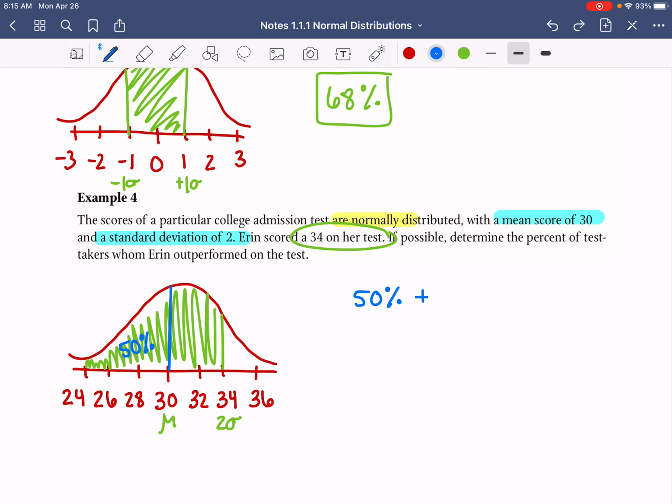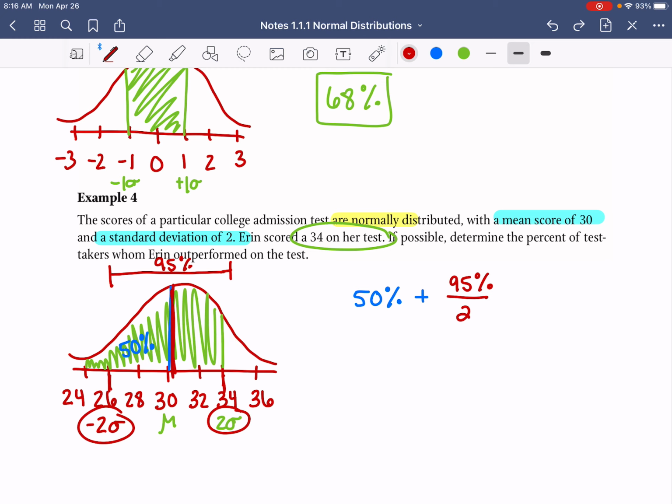Well, this is 2 standard deviations, and over here, this would be 2 standard deviations. So between here and here, from the empirical rule, is 95%. From minus 2 standard deviations all the way to plus 2 standard deviations is 95%. We only want half of that because we're going to cut it at the middle. So if we take half of that 95%, we can find this piece right here.